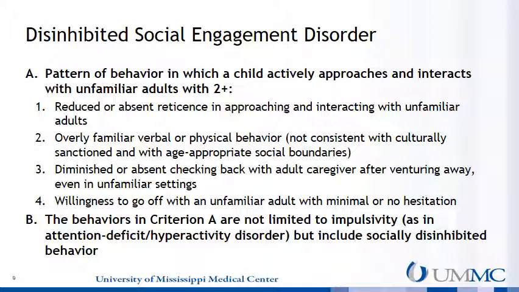Now, for disinhibited social engagement disorder, the criteria are as follows. First, a pattern of behavior in which a child actively approaches and interacts with unfamiliar adults with at least two of the following symptoms: reduced or absent reticence in approaching and interacting with unfamiliar adults, overly familiar verbal or physical behavior that is not consistent with cultural norms or with age-appropriate social boundaries, diminished or absent checking back with adult caregivers after venturing away, even in unfamiliar settings, and a willingness to go off with unfamiliar adults with minimal or no hesitation.